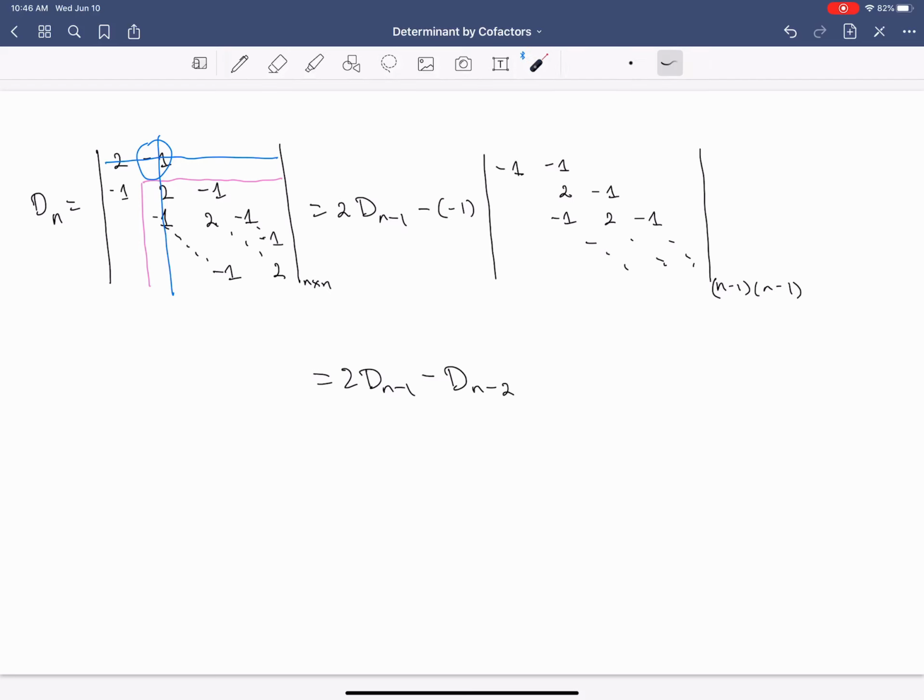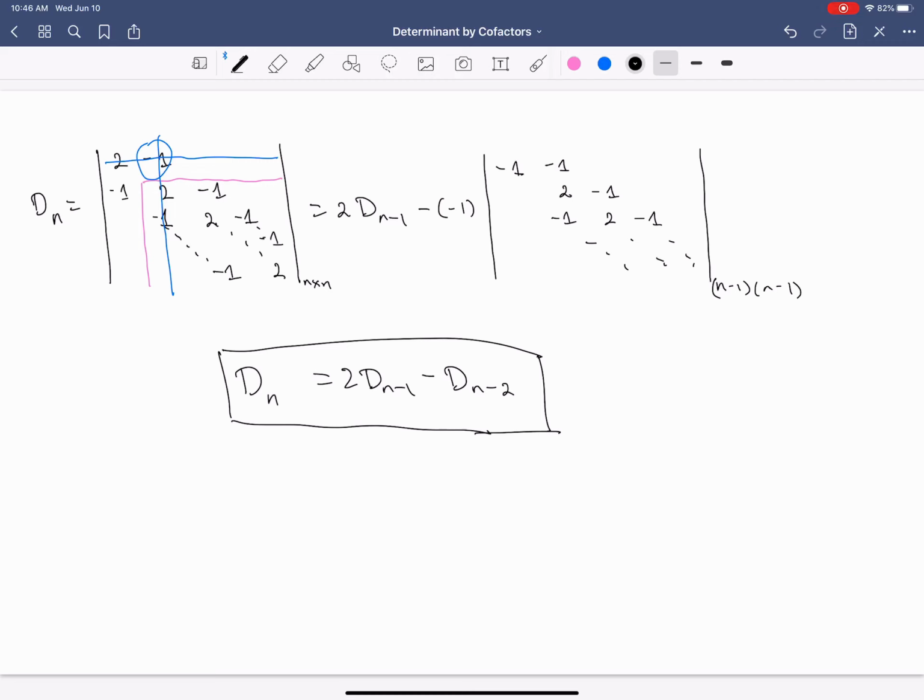So just this matrix is of size n minus 1 by n minus 1, but this matrix is n minus 2 by n minus 2. So we have the formula in general terms where we can compute the determinant of the nth matrix through the determinants of the previous two smaller sizes.